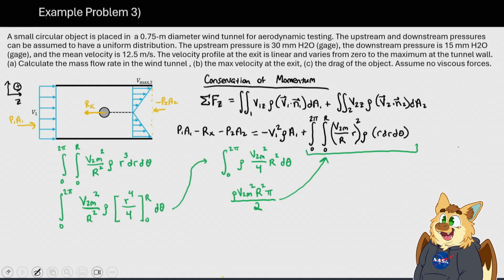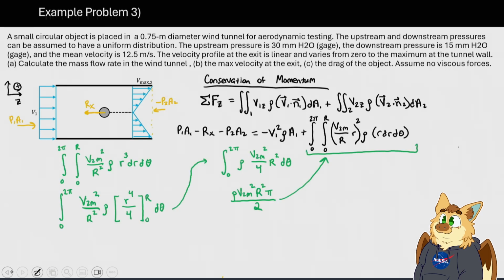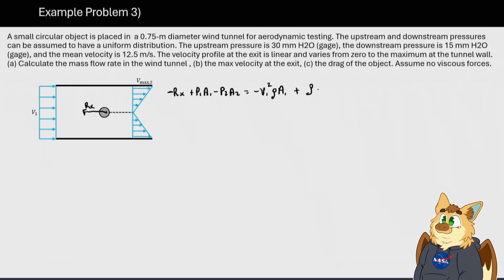And then we have minus V1 squared rho times area. I'm just going to keep writing A1 for consistency. And then our solution to the integral, which was rho V2m squared R squared times pi, all divided by 2.